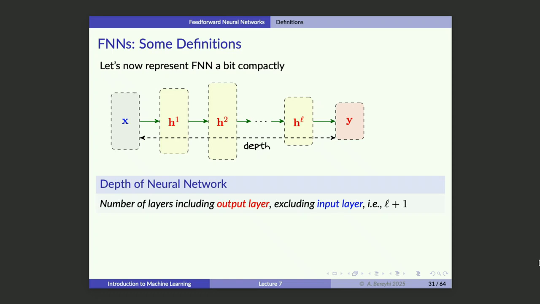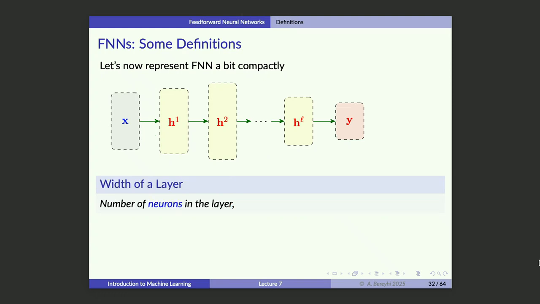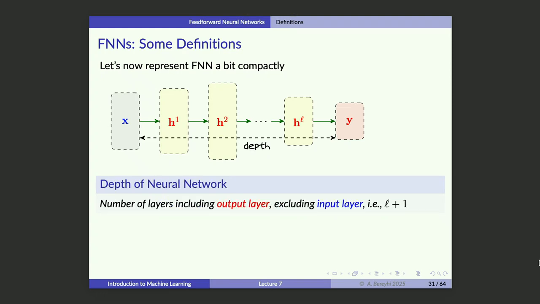That's a deep neural network. And you might wonder why? We're going to see it today. People initially thought one hidden layer is enough, so a shallow neural network is enough. But it turns out when you make it deep, it works better.